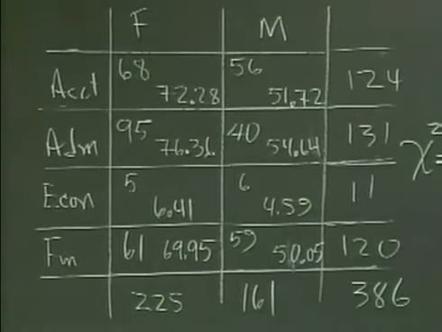Then we have a 61 minus a 69.95. Square that over a 69.95. And then I need a next column, which is going to be a 56 minus a 51.72. Square that divided by 51.72.